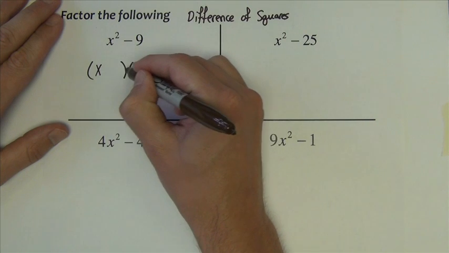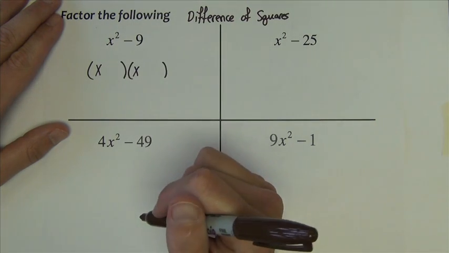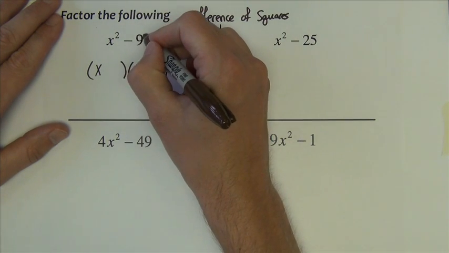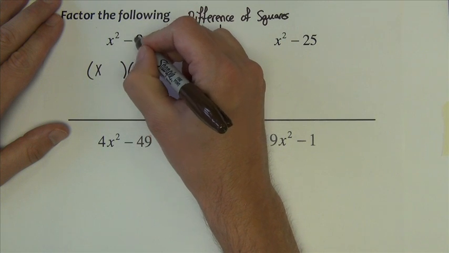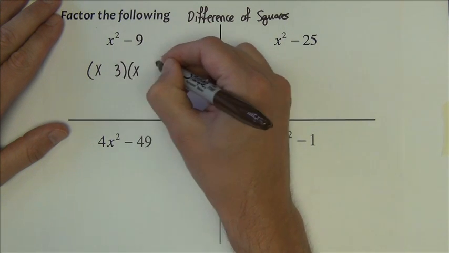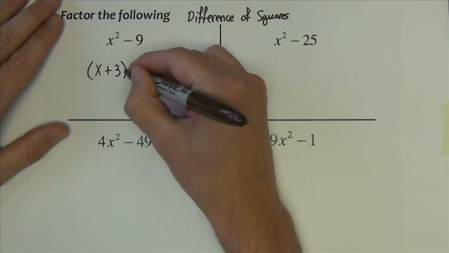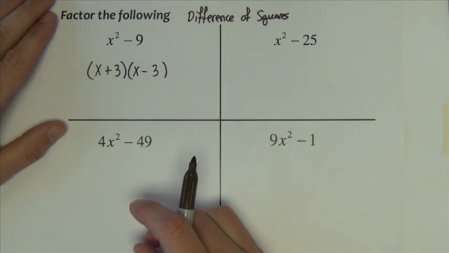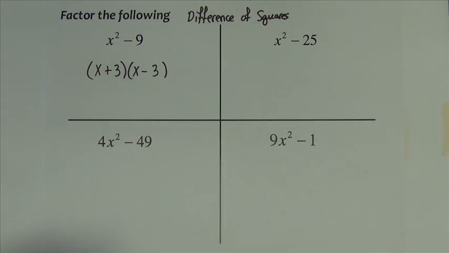It'll be x times x to make x squared. And what I want is the square root of this number. The square root of 9 is 3. So 3 and 3, one will be plus, one will be minus. It's similar to the first slide we did that had a product problem on it that was like this.